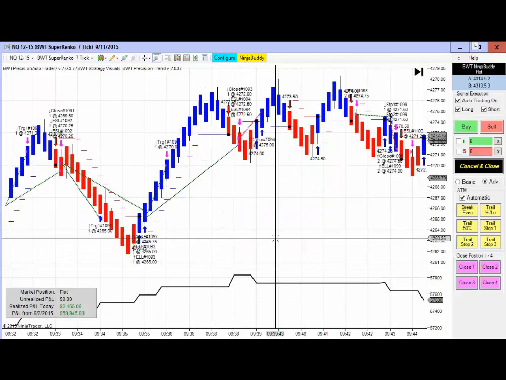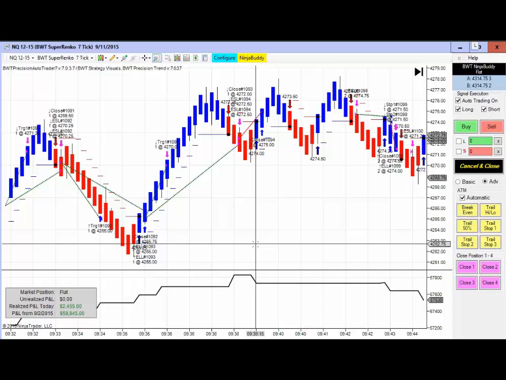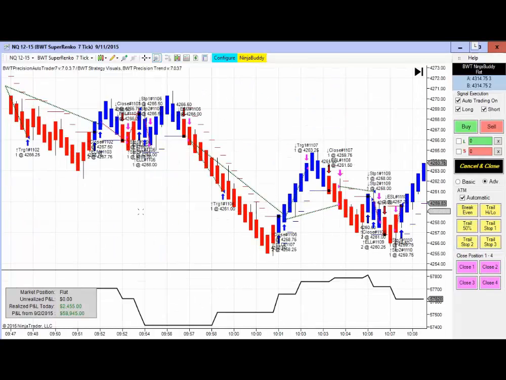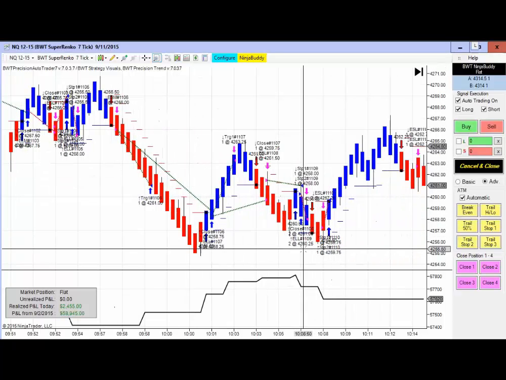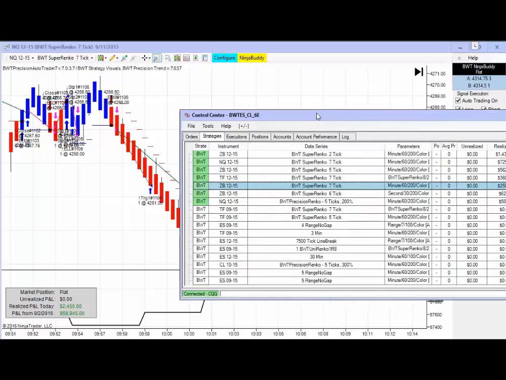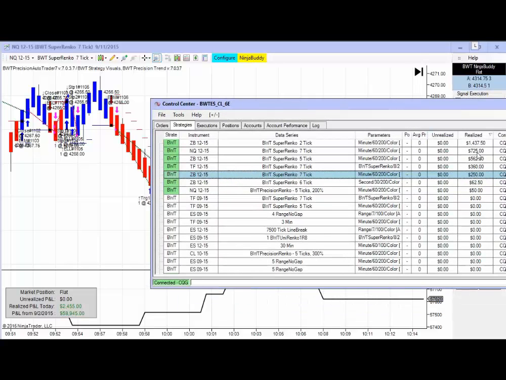This is kind of a new setup I'm testing, and it actually did pretty good, all things considered. There were a lot of winning trades. I can probably refine this a little bit more, but nevertheless, on 2 contracts, it showed a profit of 725 for the day, as seen here.